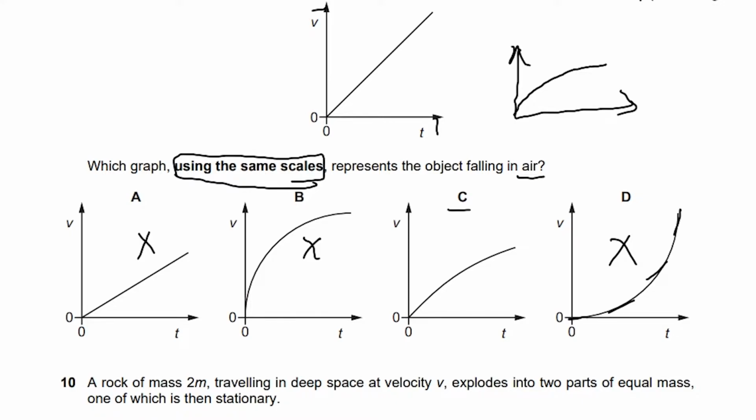But we also have to take into account the final velocity reached. The final velocity reached must obviously be less than the final velocity reached when that object was in vacuum, because there is a resistive force acting. So option C is the answer. Okay. So question number 10.